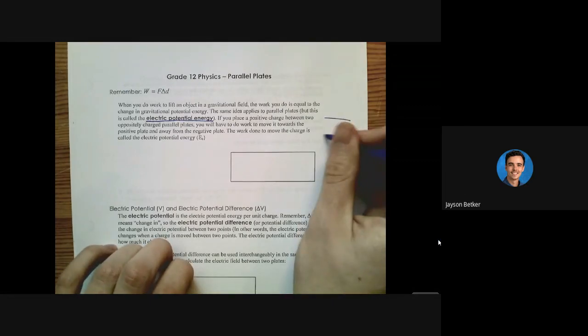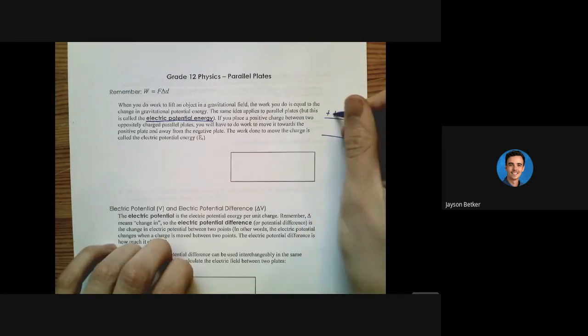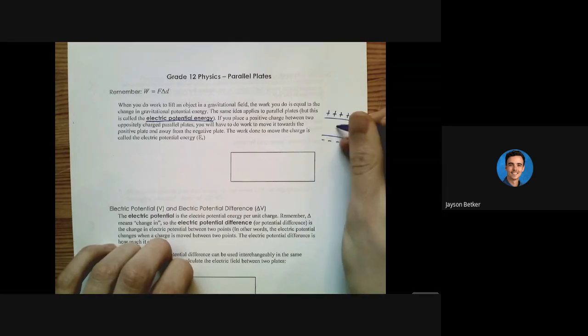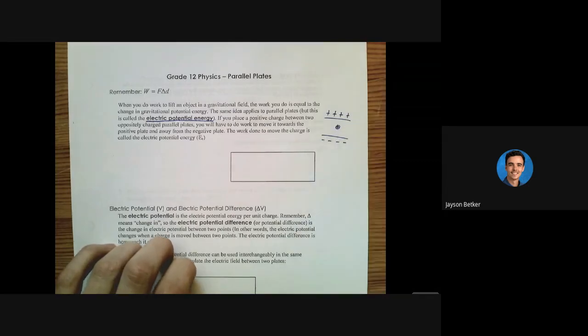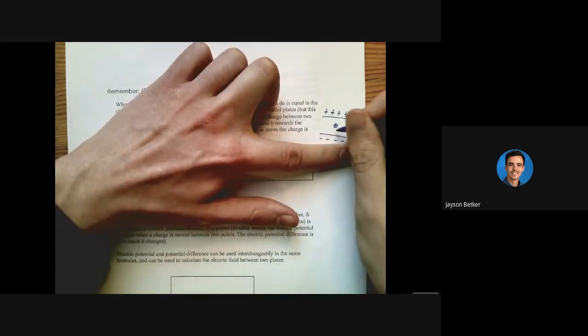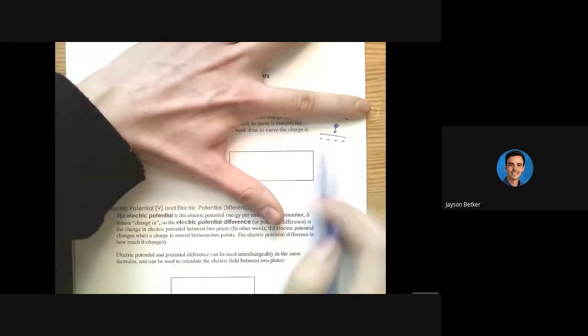If the top is all positive and the bottom is all negative, and I place a positive test charge in there, which way is it going to want to go? The positive plate is going to push it this way. And to compound with that, opposite charges attract, so the negative plate is going to pull it that way.